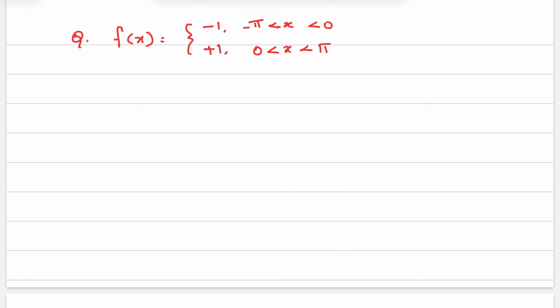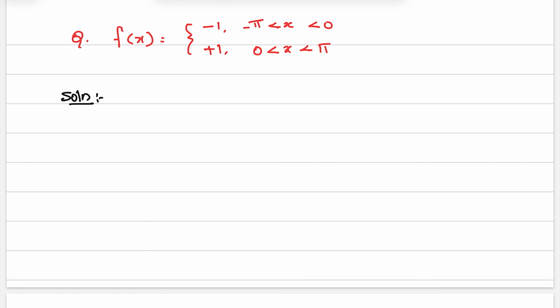It is a 2 pi periodic function, a simple function. Now, let us try to understand what the function is here. It is minus 1 under certain intervals and plus 1 under certain intervals.